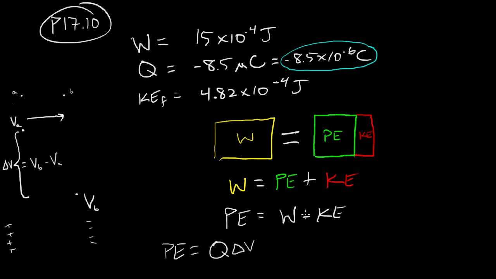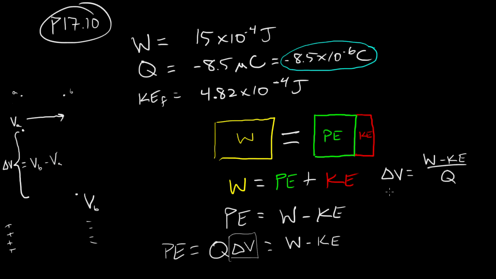That's the electrostatic potential energy. We already know that that was written as work minus the kinetic energy. And we can now solve for what we actually want, which is the potential difference here. Alright, so the potential difference is equal to work minus the kinetic energy that was given, all divided by the charge.